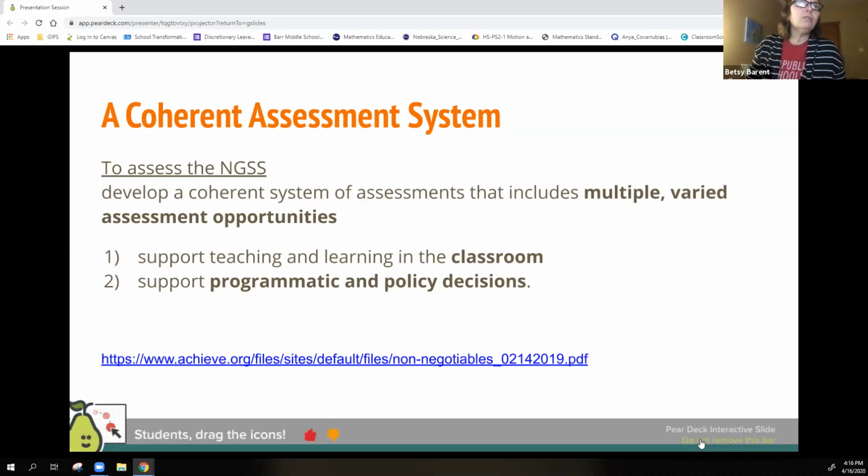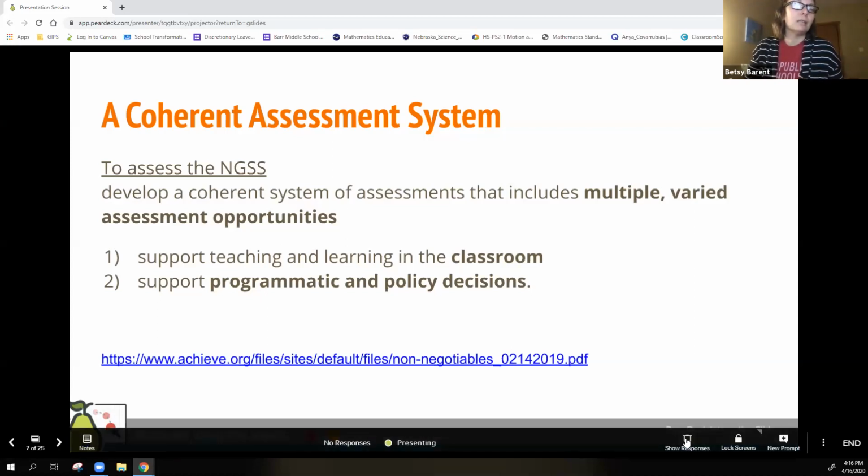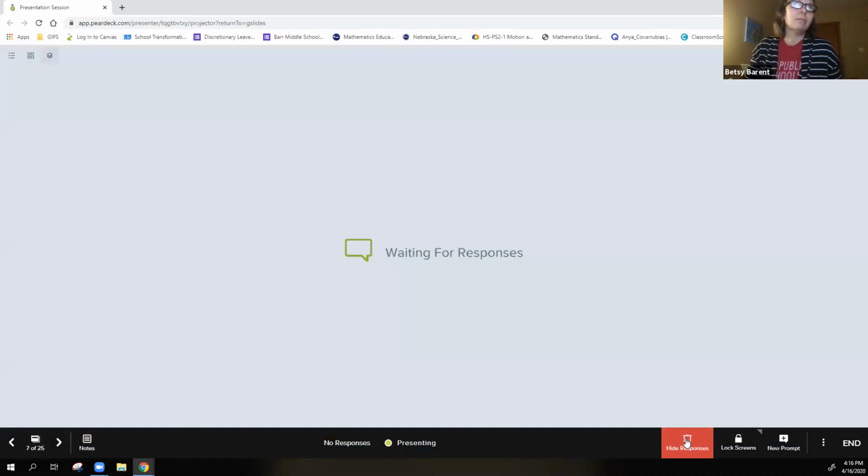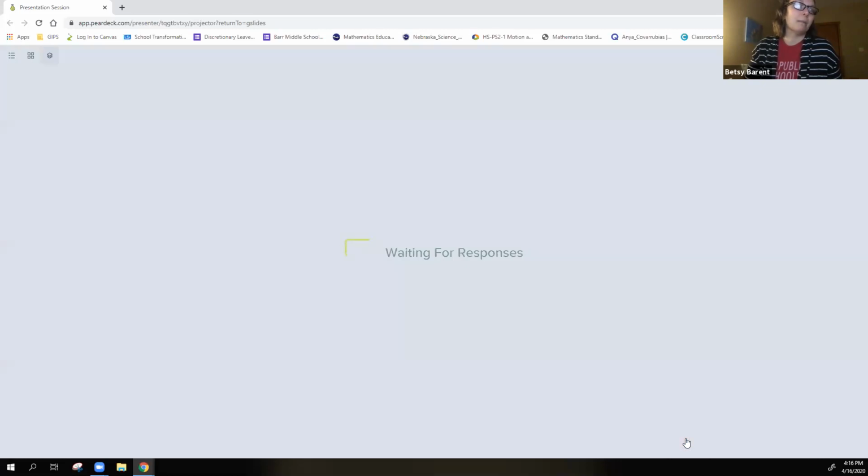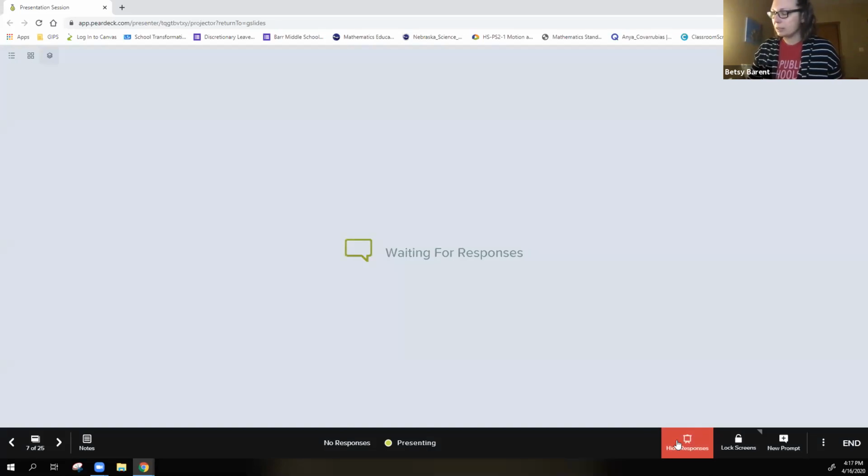So what we would like you to do here is think about how you summarized what you were seeing in that Michigan system of assessment, and drag and drop thumbs up if you're seeing similar qualities in that system or how you summarize that system. You can just drag that thumbs up and drop it where you see a similarity. And if you see something different or maybe something that you disagree with, you can drag and drop that thumbs down. We'll give you just 30 to 45 seconds to do that.